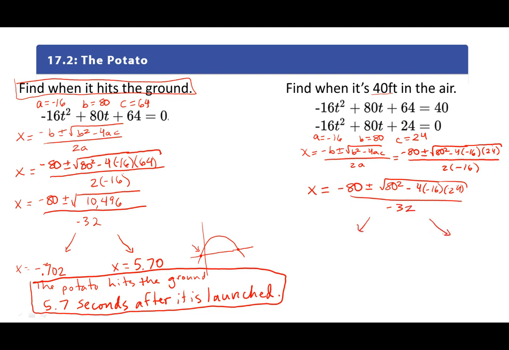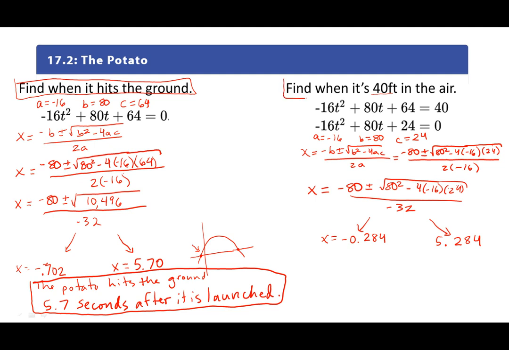And again, sorry for not showing every step of simplifying this, but when we do simplify the 80 squared minus 4 times negative 16 times 24, when we do the addition and subtraction, and when we divide that by negative 32, we get x equals negative 0.284 and 5.284. Now, once again, sometimes both of these solutions would make sense.